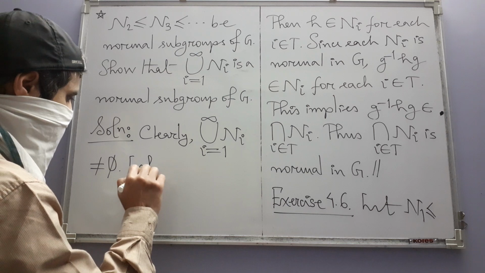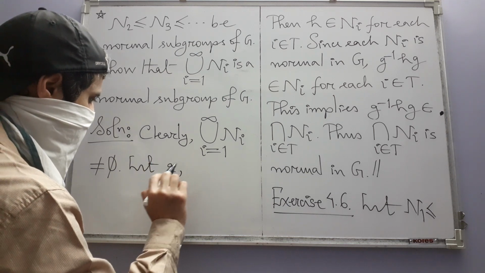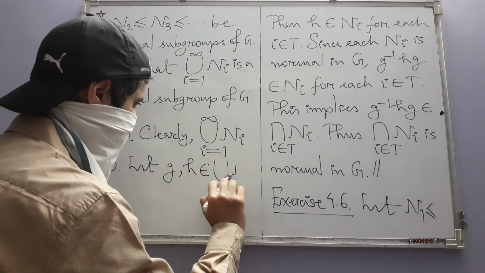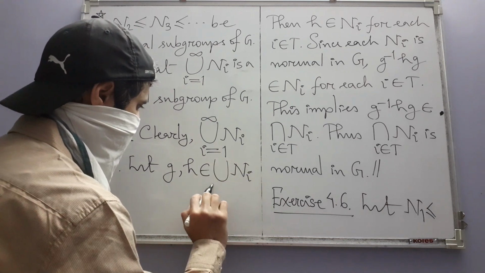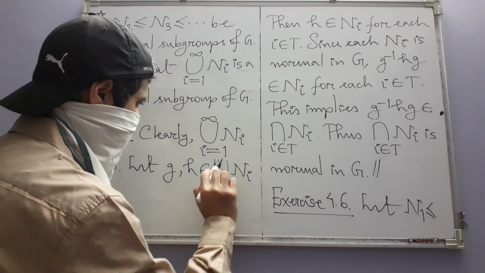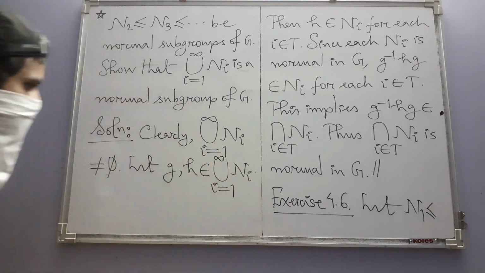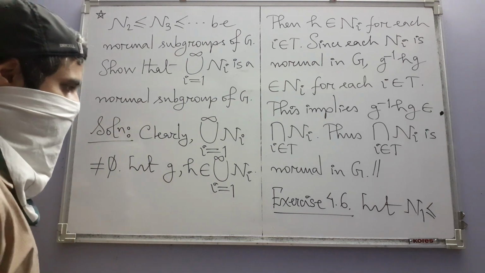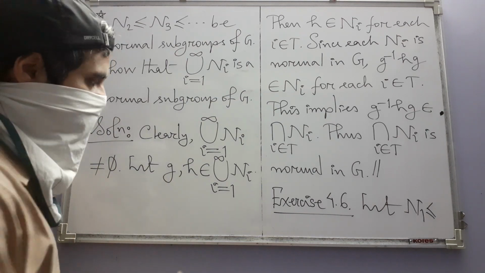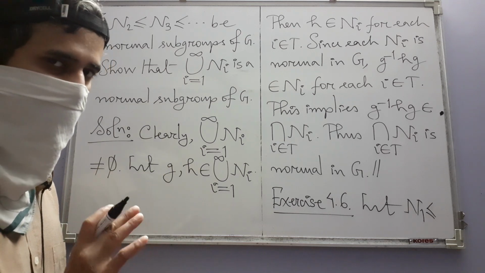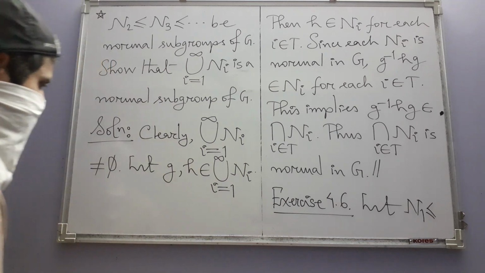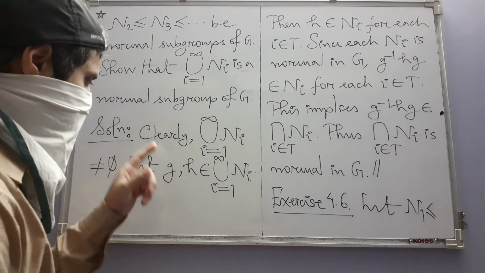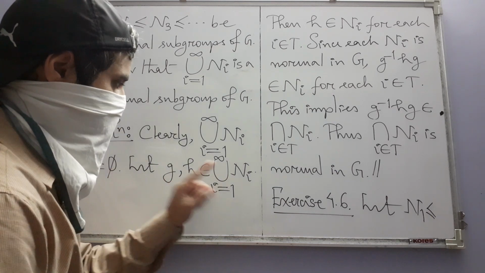Now let G and H be two elements in the union. We first need to prove that GH and G inverse both belong to the union, so that the union becomes a subgroup. Now we have chosen two elements in a union.